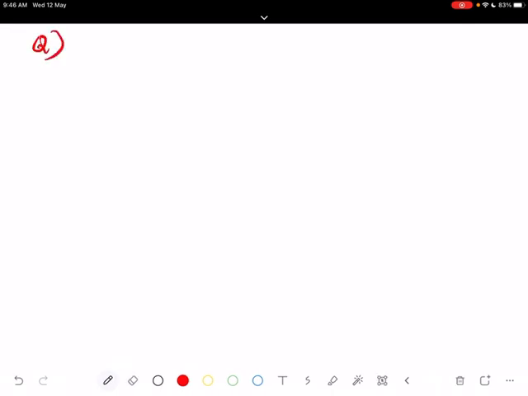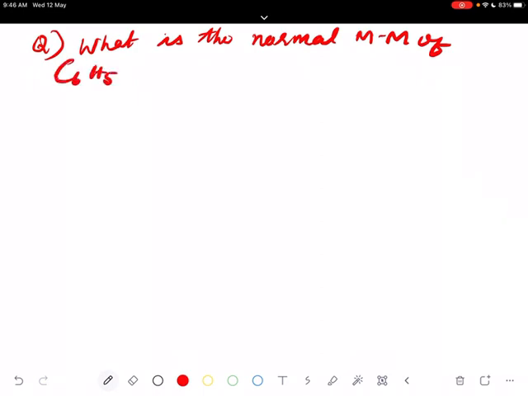What is the normal molar mass of C6H5COOH? This is part 1.